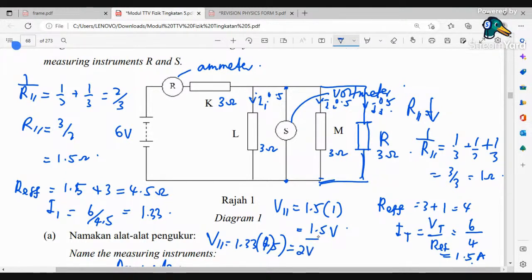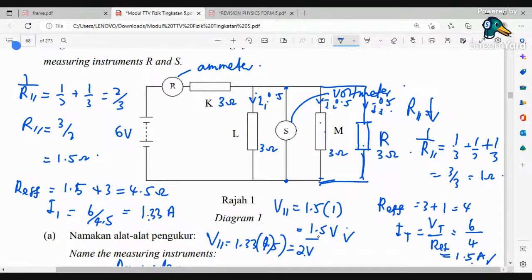Okay, so you can see from here, when you connect only two parallel resistors, current is 1.33 ampere, voltage is 2 volt. But if you add one more, so 3 parallel resistors, you have total current 1.5 ampere and voltage is 1.5 volt only.